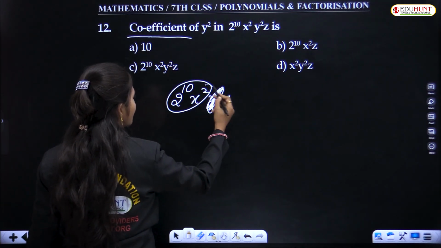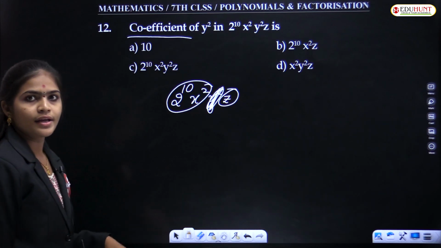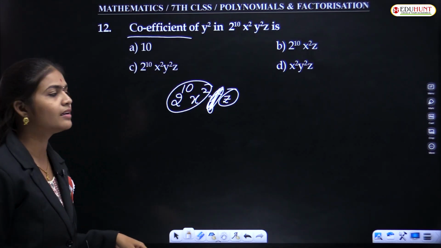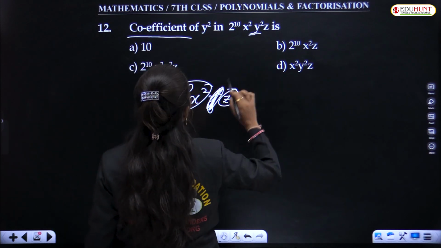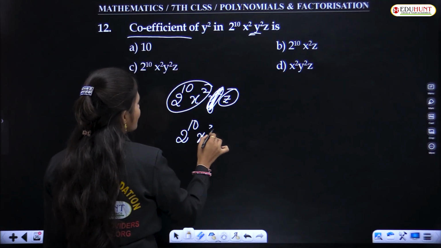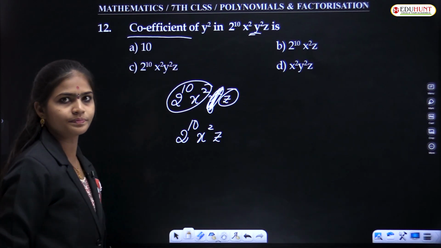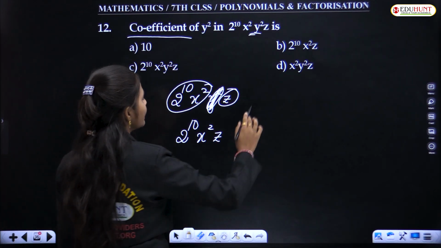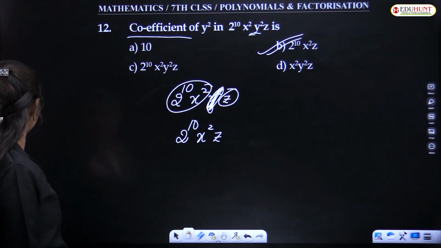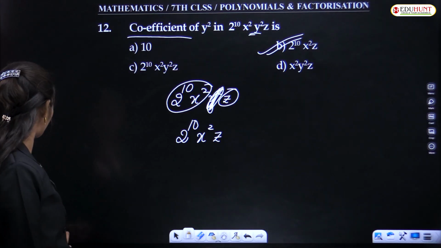So the leftover part is the coefficient. That's why the coefficient is 2 power 10 x square z. Which option is correct? Yes, option B is correct here. Okay, so let us see the next question.